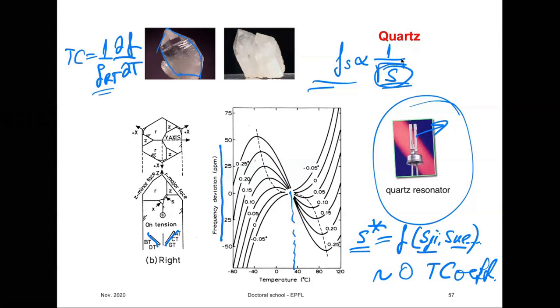And you see here different cuts. I think this is the AT cut or something like that, and you see that you can get something which is relatively constant here in a temperature range where you use your materials.